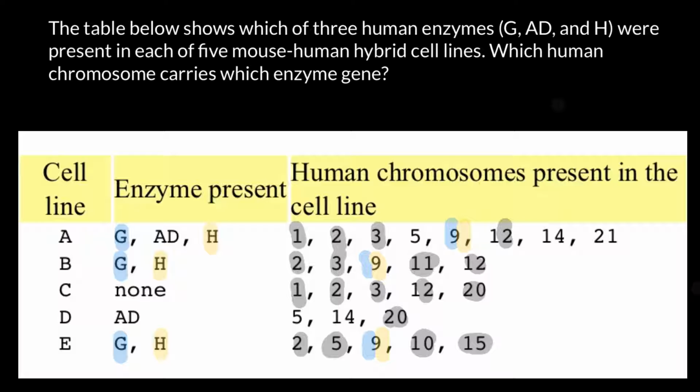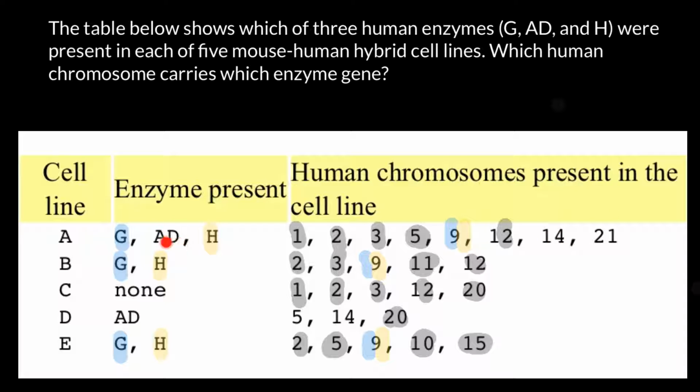When it was present in this cell line, we do not have enzyme AD here, and we already have found that chromosome number 9 has both these genes. So we can exclude it here. None of the genes are present on chromosome number 5. So let's exclude it, and we're left with basically chromosome number 14 and 21.